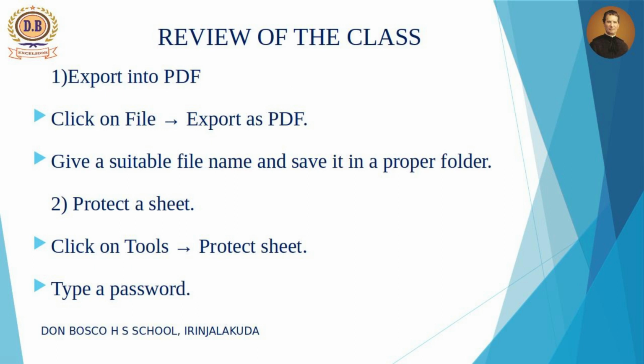For that, go to the Tools menu, select the Protect Sheet option and type the password in order to protect the sheet. Here comes an end to the 6th chapter. The 6th lesson is over. This was the last topic in the 6th chapter. Hope you all have understood all the activities in LibreOffice Calc software.